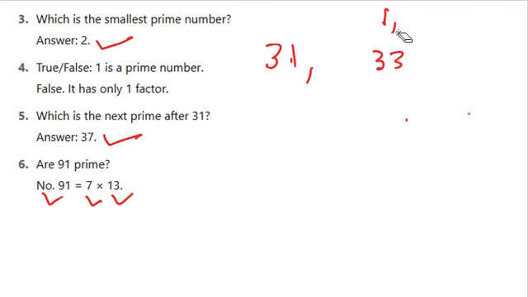If you go to your calculator, let's check if 73 is a prime number. Go to your calculator, press 73, then press the equal sign.